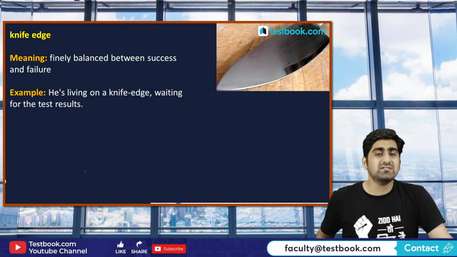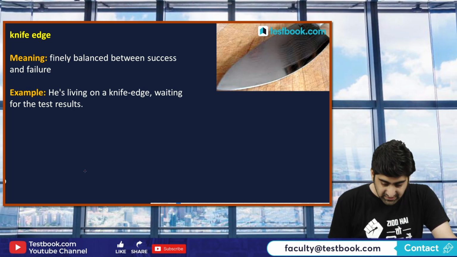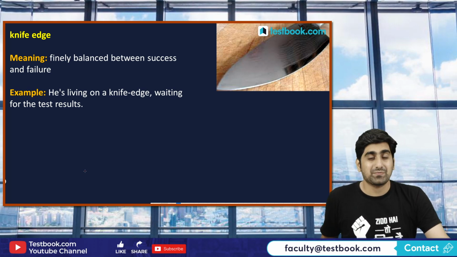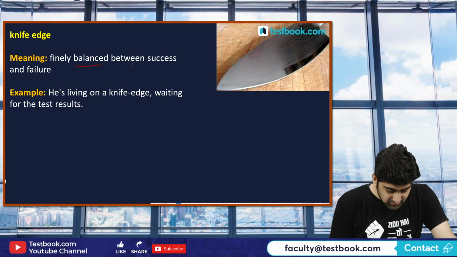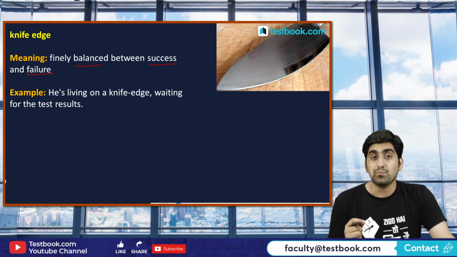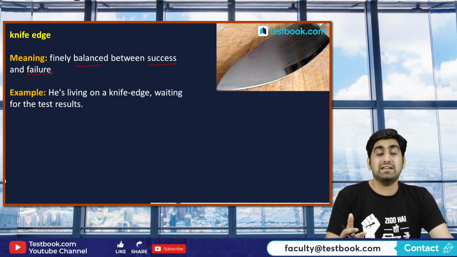So knife edge is, as far as the word is concerned, you can see, finely balanced between success and failure. इसका जो context में meaning है, अगर आप ध्यान से देखें तो it is finely balanced between success and failure. बहुत ही अगर कोई चीज़ क्रूशियल मुद्दे पर है, जीत और हार जहाँ से डिसाइड होगी, दैट इज़ कॉल्ड नाइफ एज.